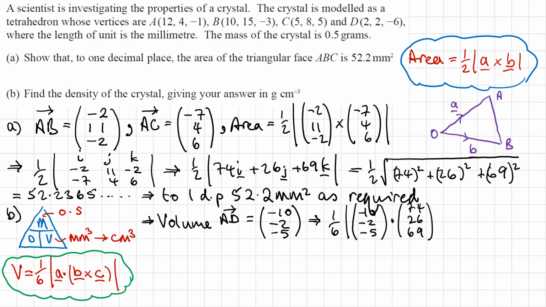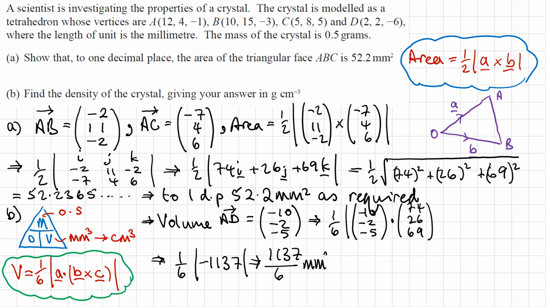Right, let's see what we get from that. So it'd be 1/6 of negative 10 times by 74, minus 2 times by 26, minus 5 times by 69, which is negative 1137. We take the modulus of that. So the volume in millimeters cubed is this.